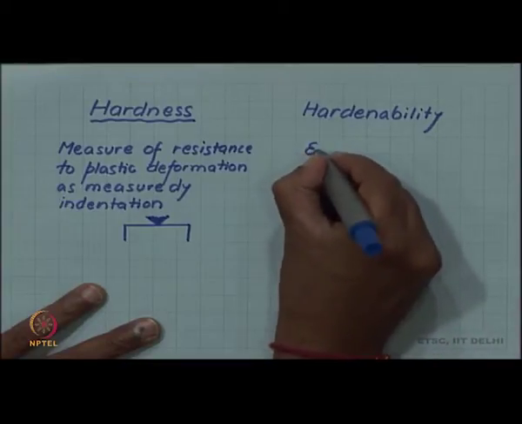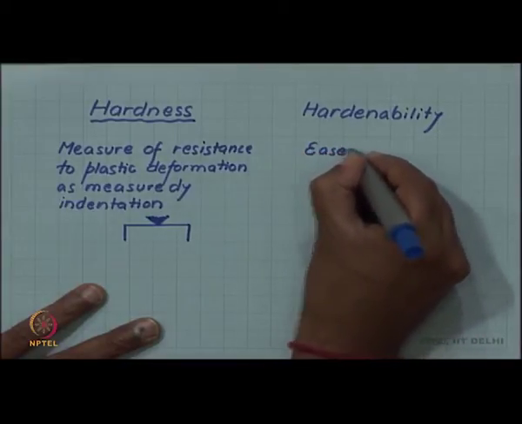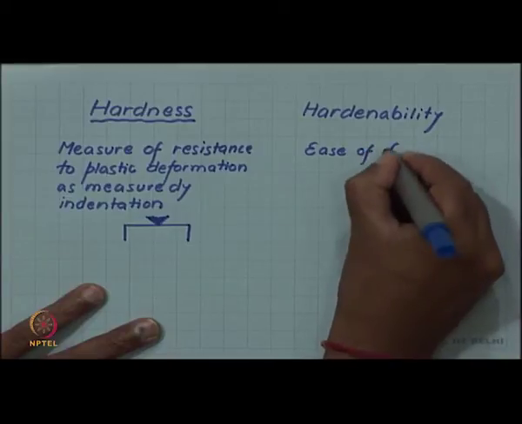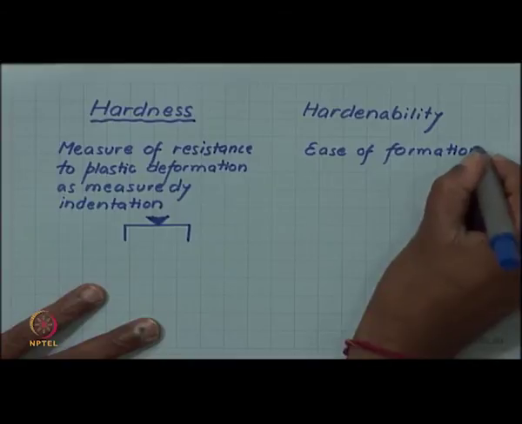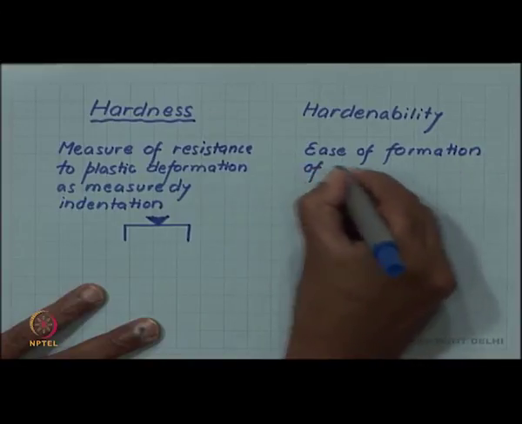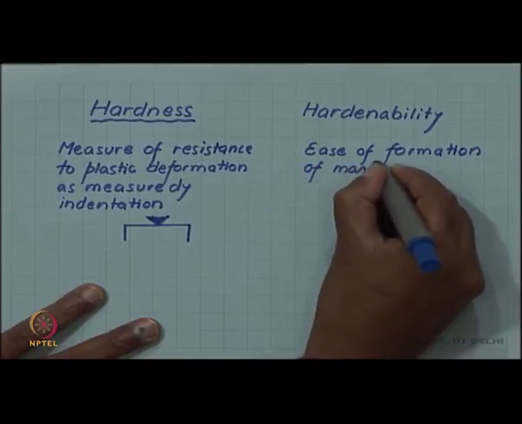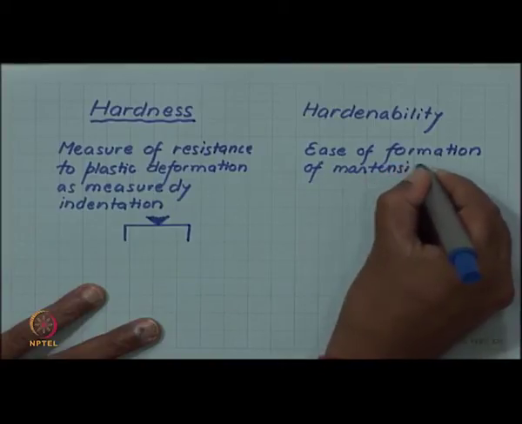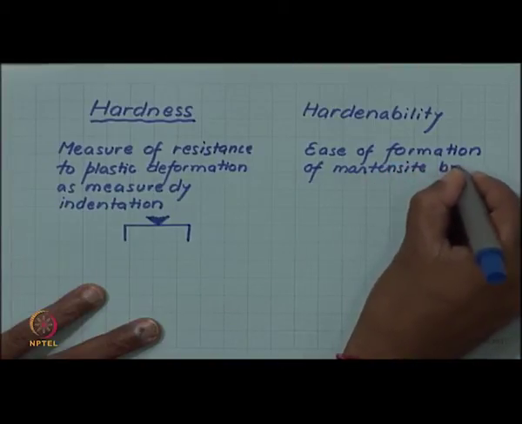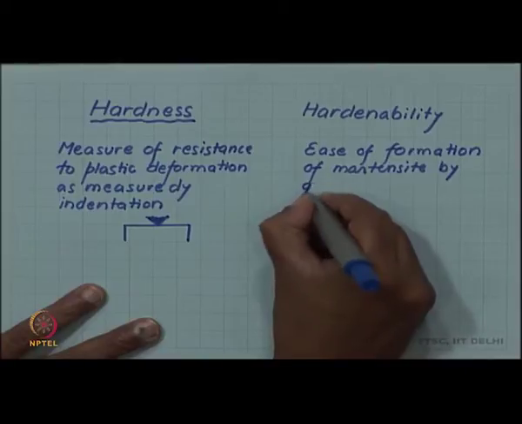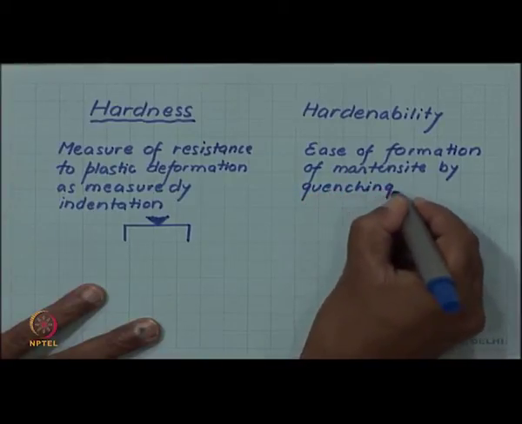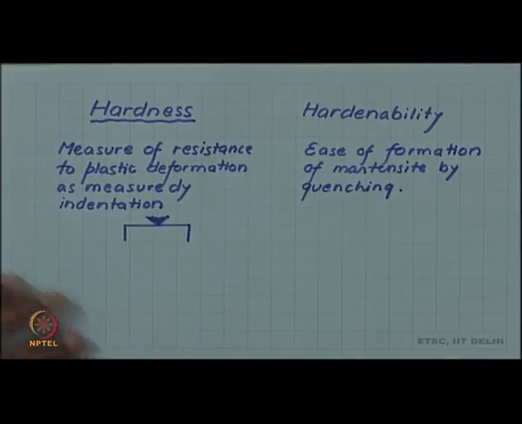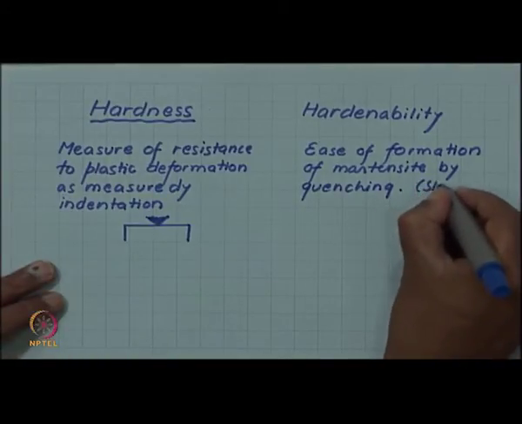Hardenability is ease of formation of martensite by quenching. So, slower is the quench rate, higher is the hardenability.